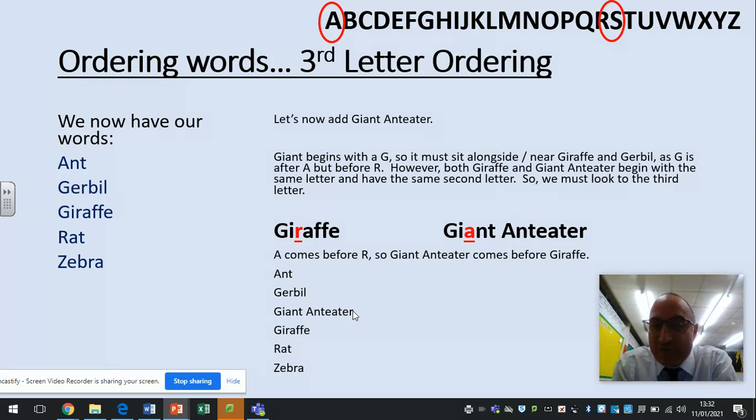So the third letter in giraffe is an R and the third letter in giant is an A. A comes before R, so giant anteater has to come before giraffe. So our list now reads as ant, gerbil, giant anteater, giraffe, rat, and zebra. What we have just done there is alphabetical ordering to the third letter.